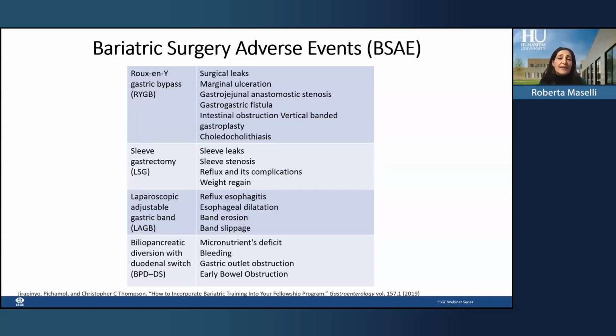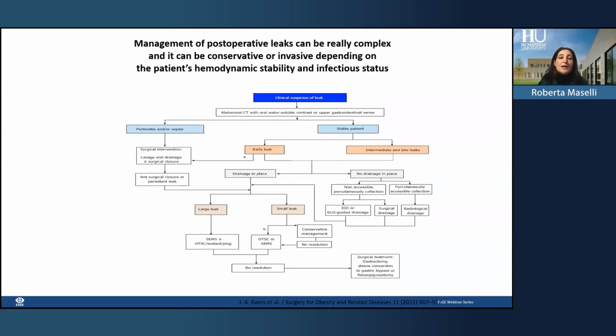Some are really specific to the type of surgery, or they can be general, like for example bleeding or perforation, which in some cases can be a leak or a dehiscence of the anastomosis. So depending on the type of bariatric surgery already done, we can have different adverse events, and we should know at least the most common of all of them.